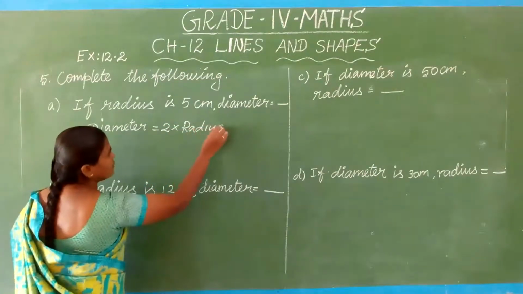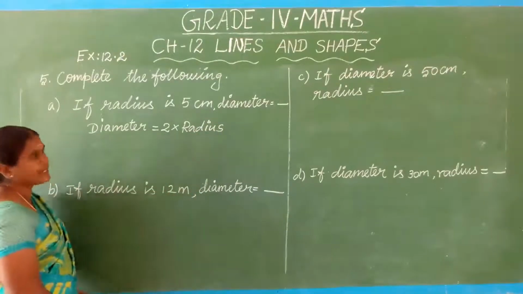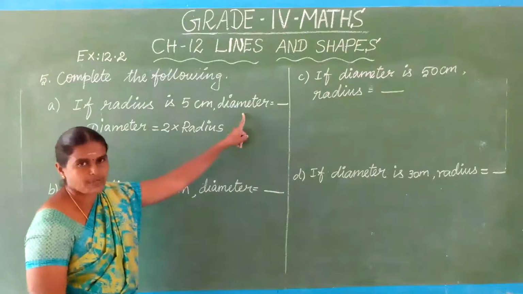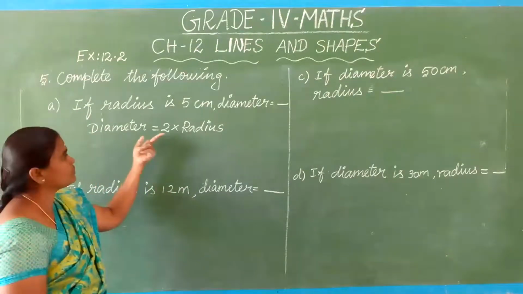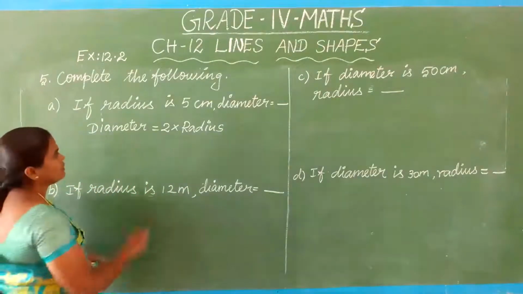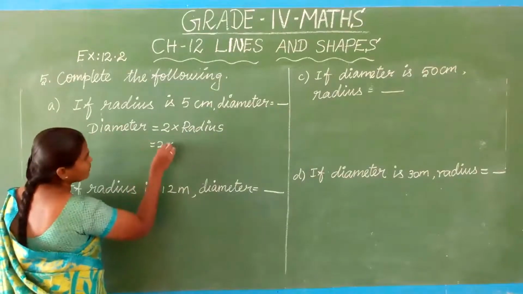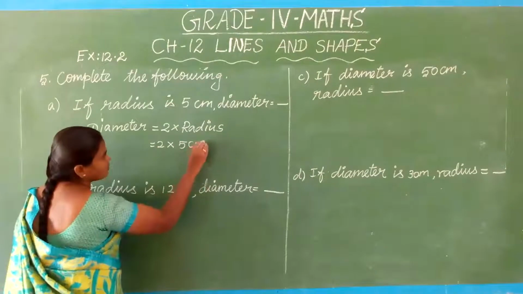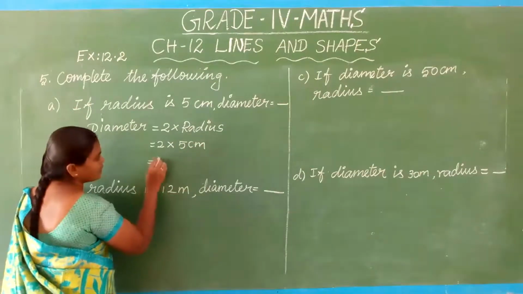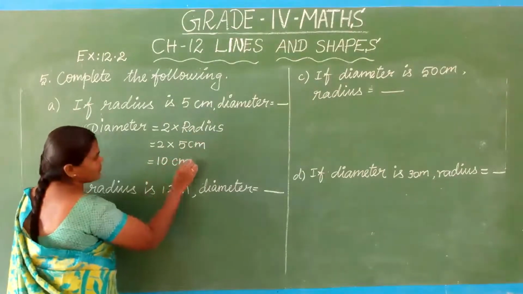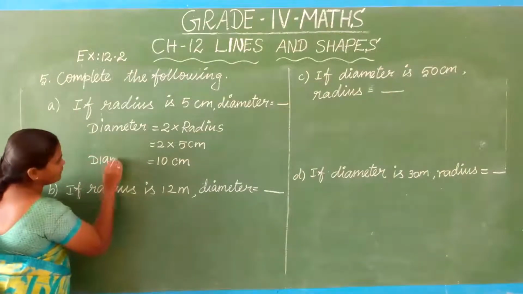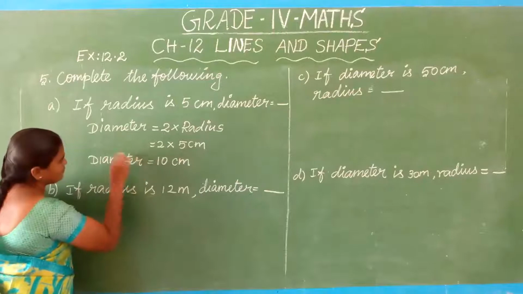So 2 into radius, which is 5 centimeter. So 2 5s are 10 centimeter. So diameter equal to 10 centimeter.